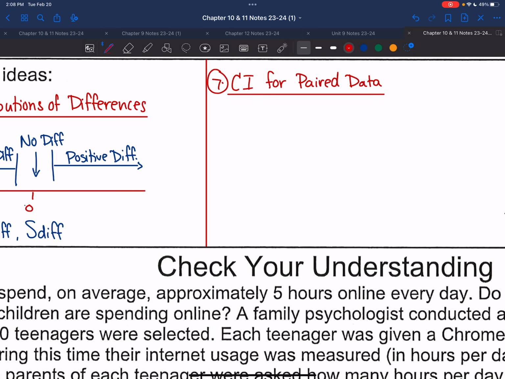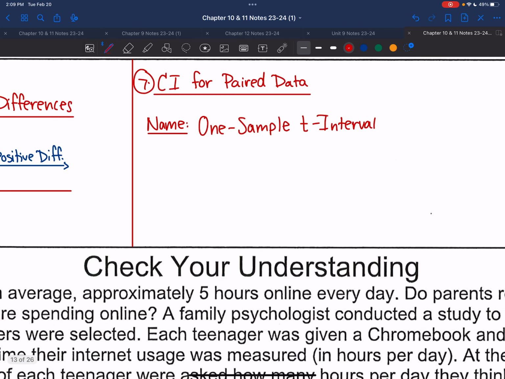So the biggest difference, okay, the name of the procedure. We only have one set of differences. So it's going to be one sample T interval for mu sub diff.